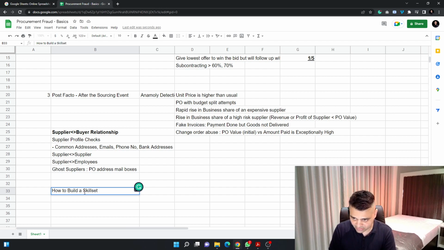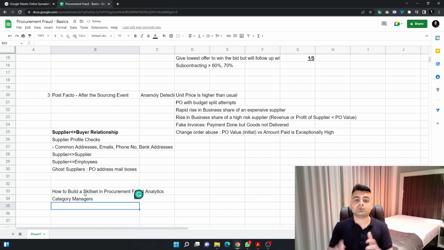Let's start there. In procurement fraud analytics, you need to have the mindset of a category manager. Of course, you need to know how to do purchasing day-to-day transactions. You need to have some background in data science, specifically SQL queries, which come really handy when you are querying large data sets. You need to learn SQL queries.